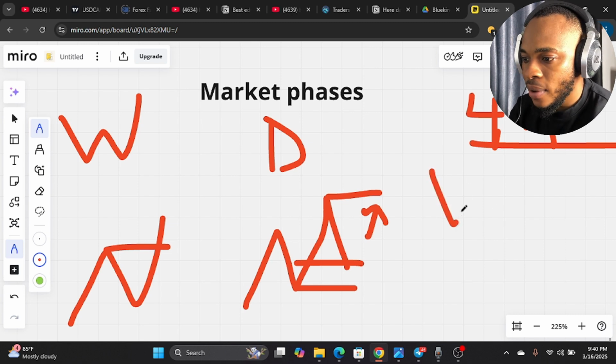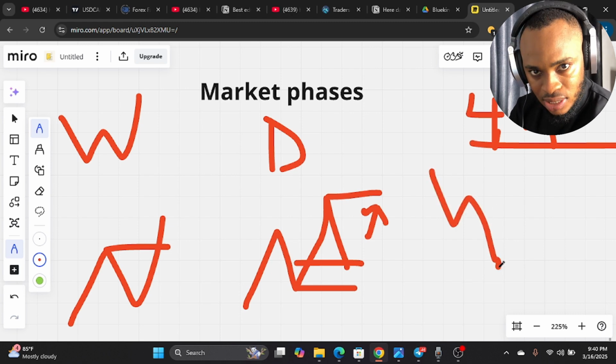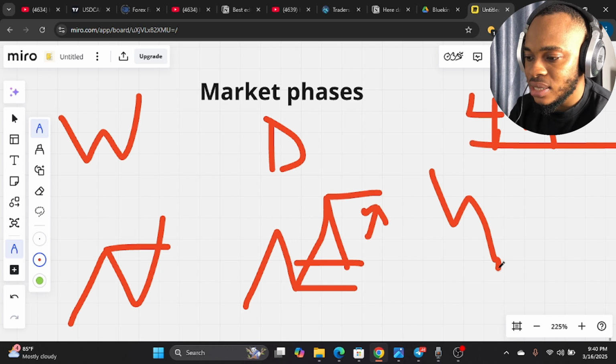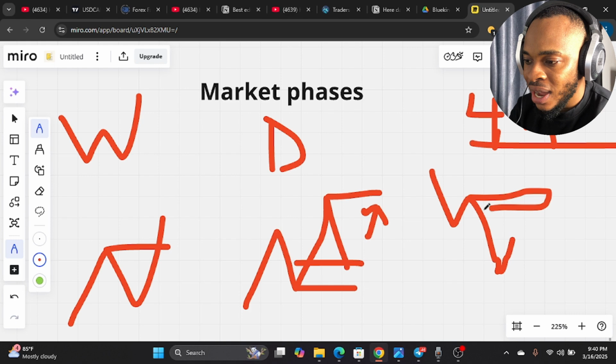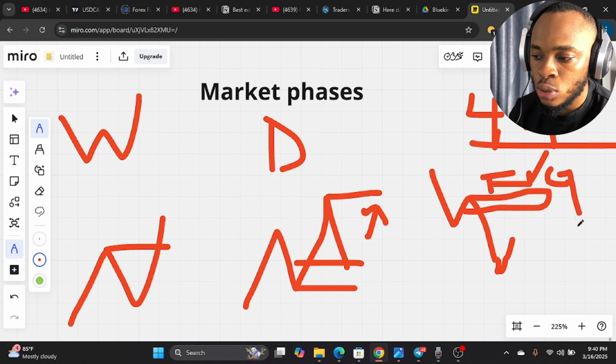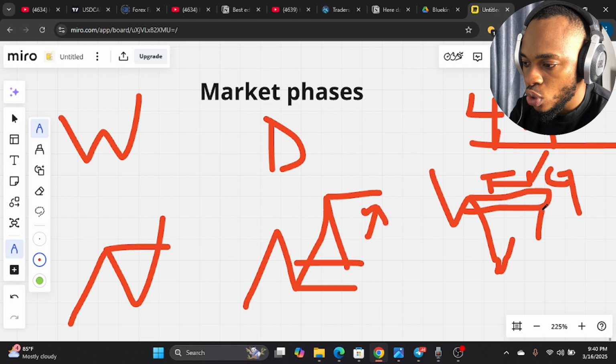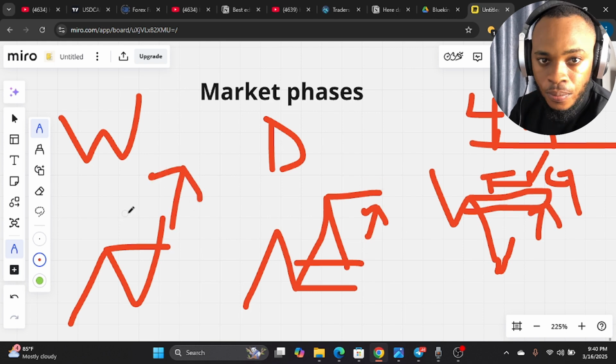So even if the 4 hours could be in a downtrend, that's still cool. But as long as we have created a low and price is showing that it wants to counter trade or retrace into an important area like an FVG or whatever, then of course the 4 hours is in support, because this is where the market is going to go up. In this case it's up, in this case up, so there is a trade.